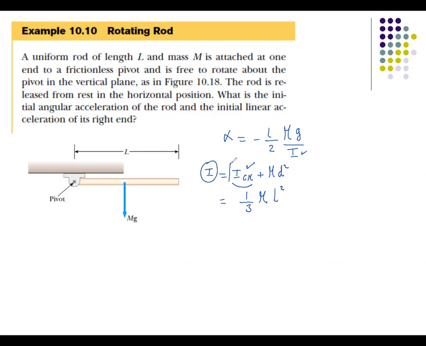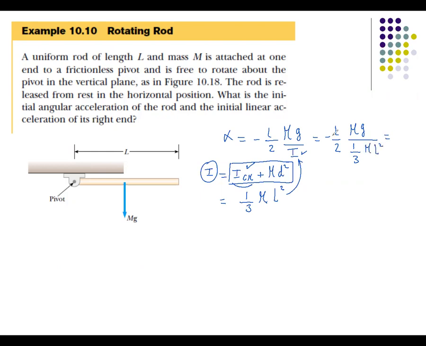This is the summation of I_CM plus M D squared. We substitute the value of I here, we get minus L over 2 mg divided by I, 1 over 3 m L squared.